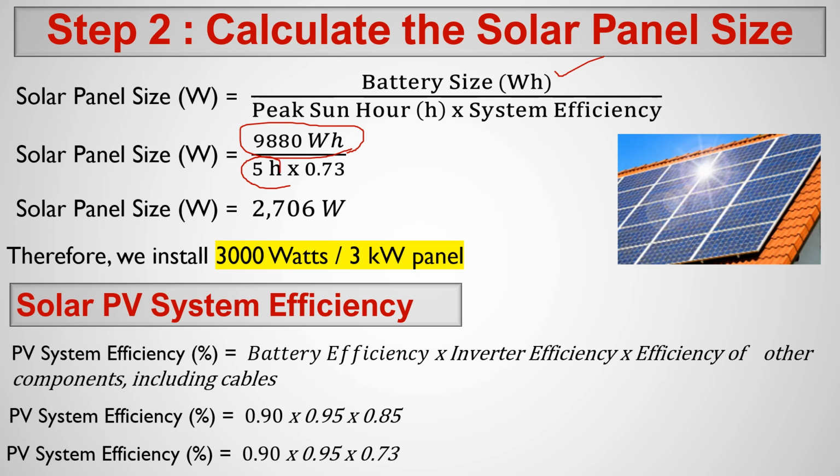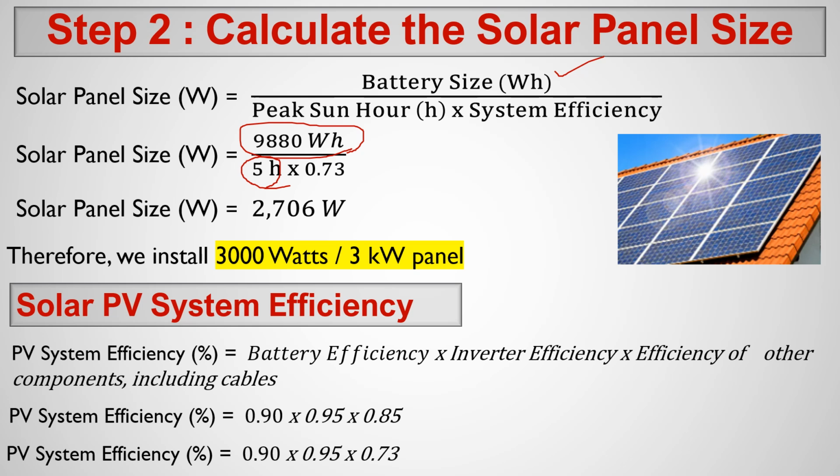Peak sun hour means, from the meteorology department, we can find on average every day how many hours the sunlight is usable, that is, producing the rated power output from solar panels. So solar panels produce rated power output for how many hours in a day.